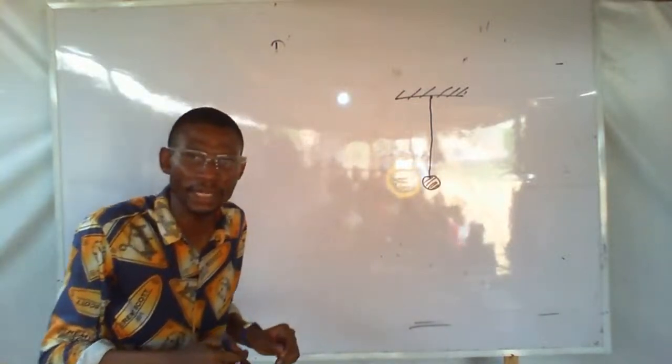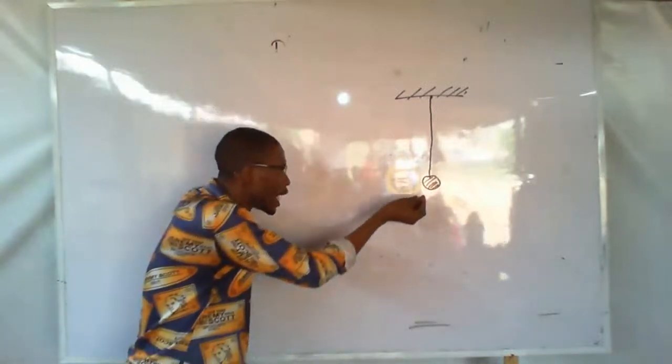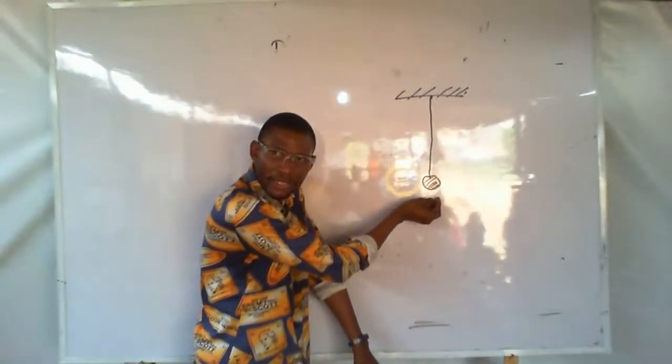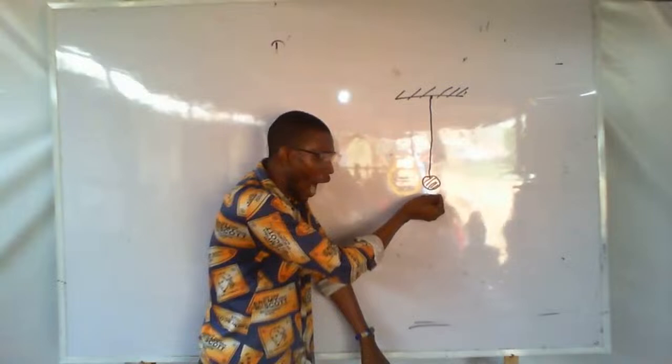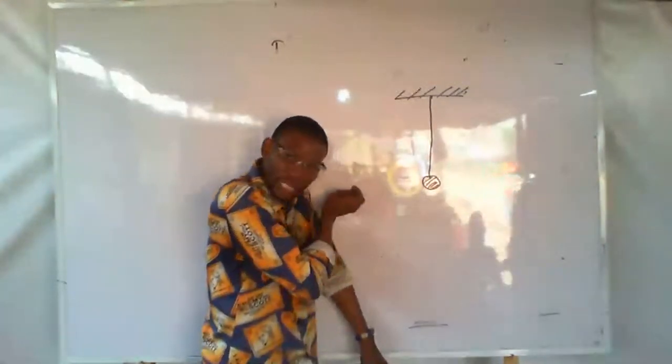Then when I tie it to my pendulum bulb, I hold it. I believe you can see this. Then I now displace the bulb slightly.